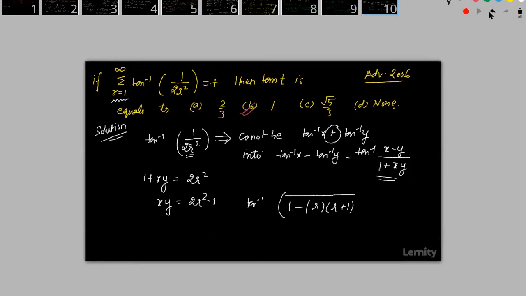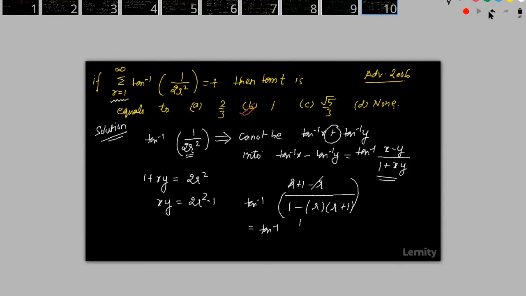This will become r square. Here I will write r plus 1 minus r. I know the form will be something like this, but here this r and r is getting cancelled.